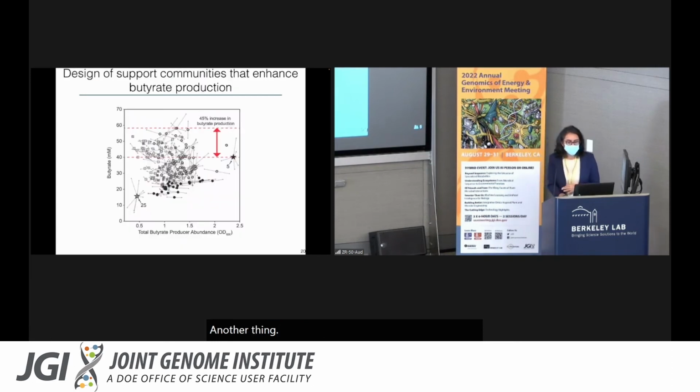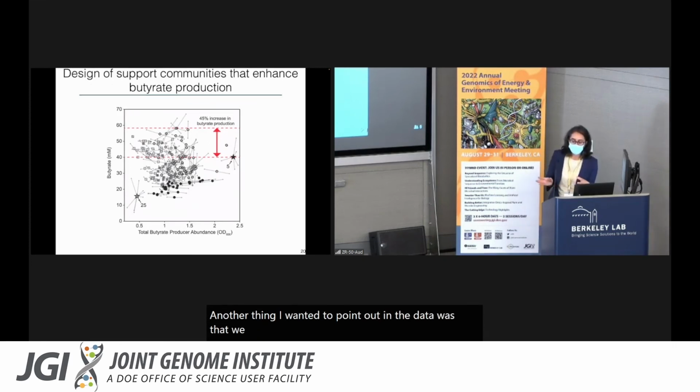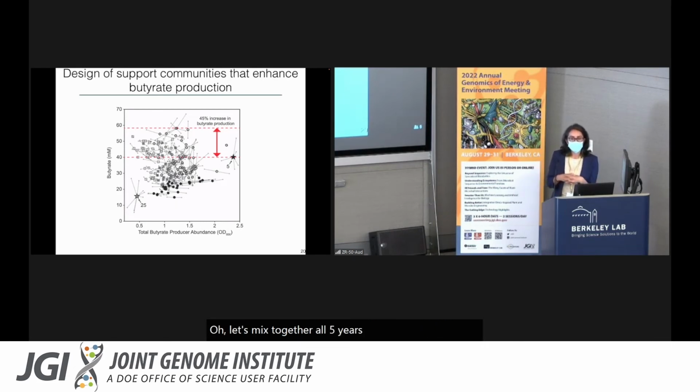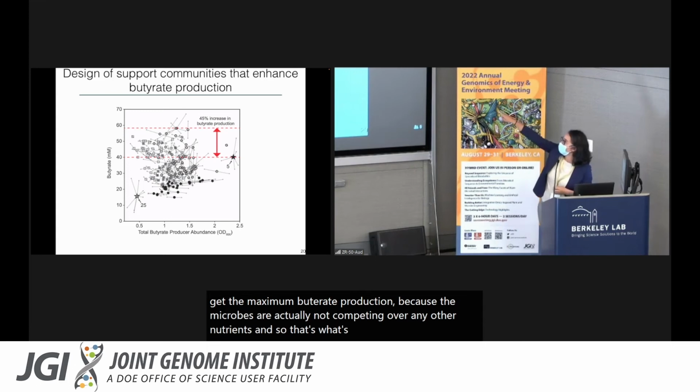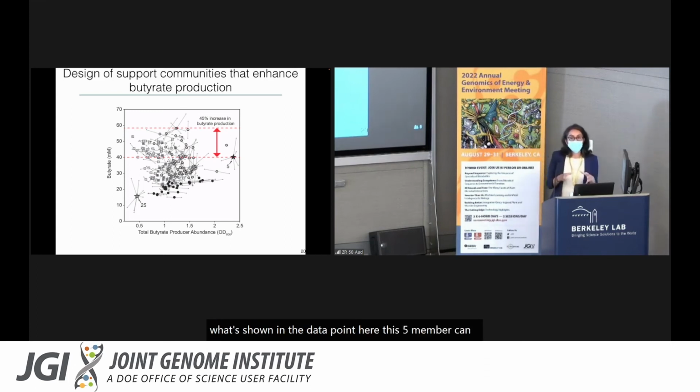Another thing I wanted to point out in the data is that you would naively think, oh, let's mix together all 5 butyrate producers and we'll get the maximum butyrate production, because the microbes are not competing over any other nutrients. And that's what's shown in the data point here, this 5-member community when we mix them together.